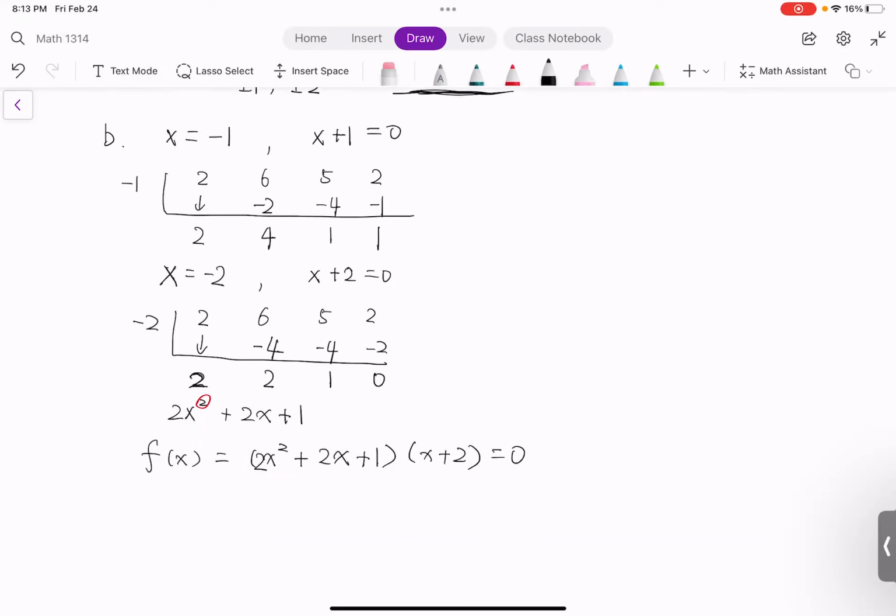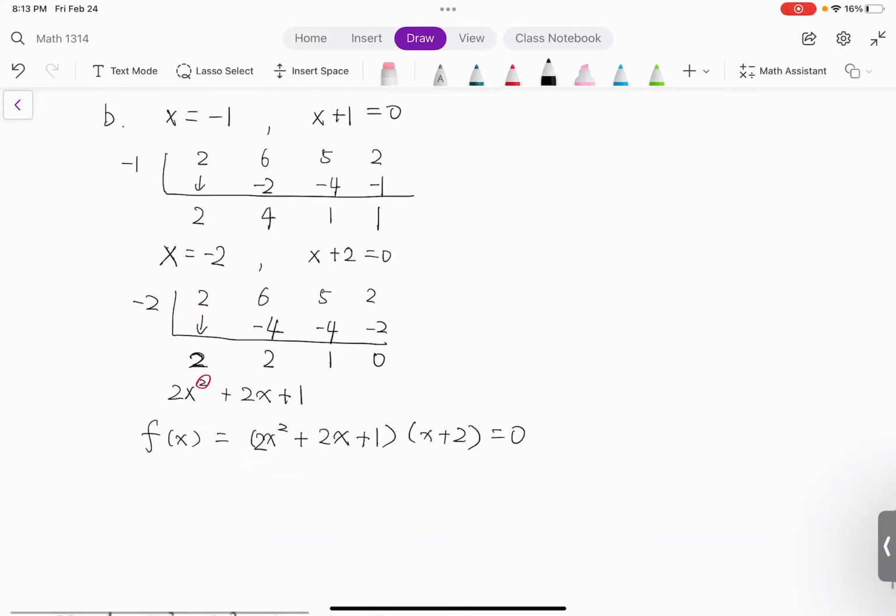All right, make it 0. And then first factor equal to 0, second factor equal to 0. First part, it is not a factor completely. Maybe we can try AC method, or if the method doesn't work, we must use quadratic formula.